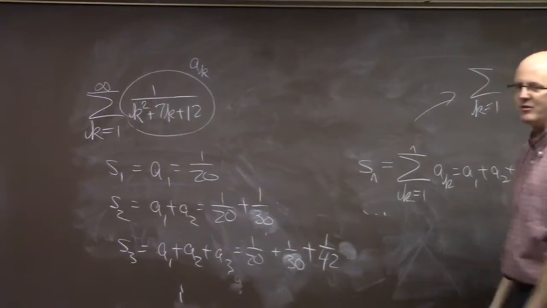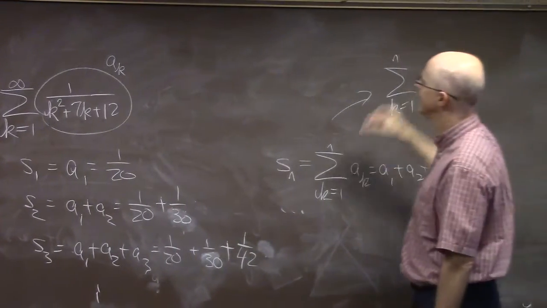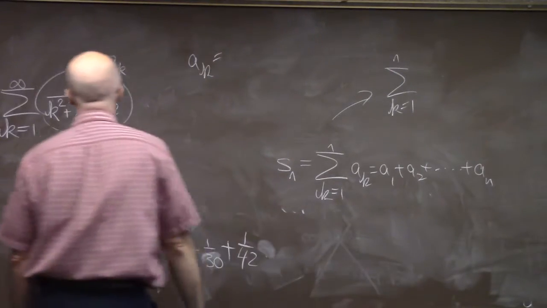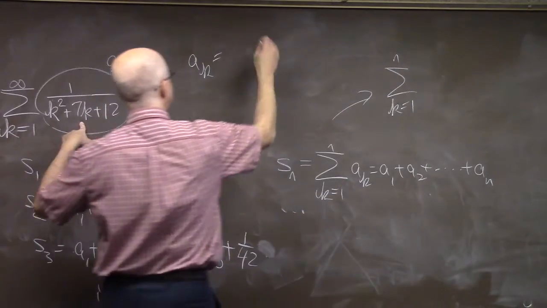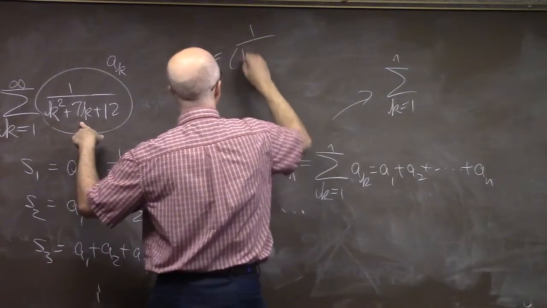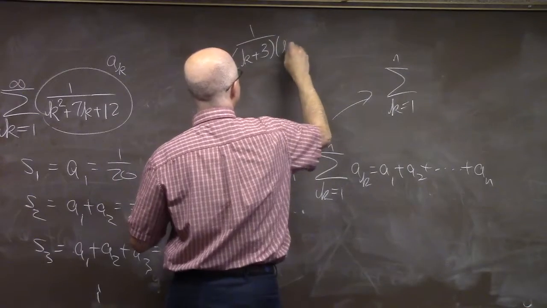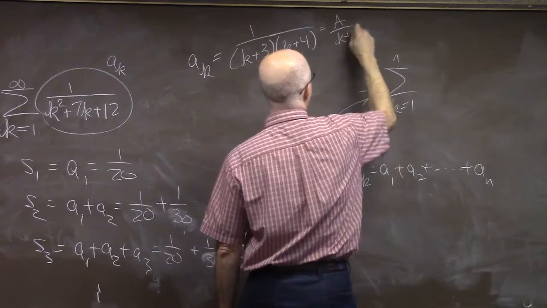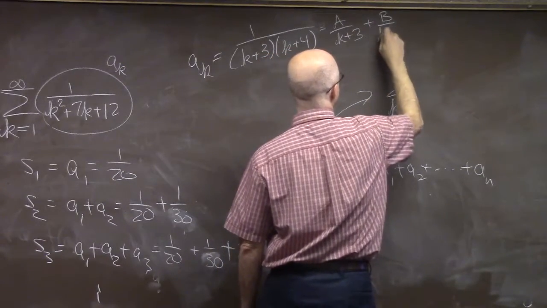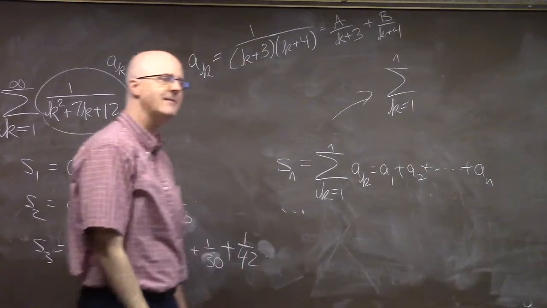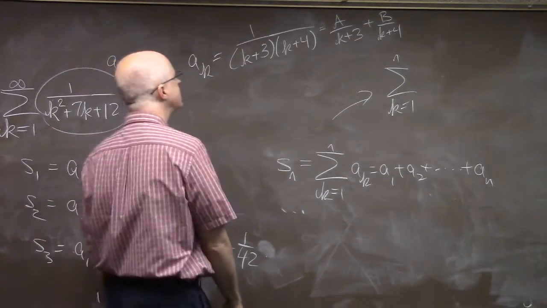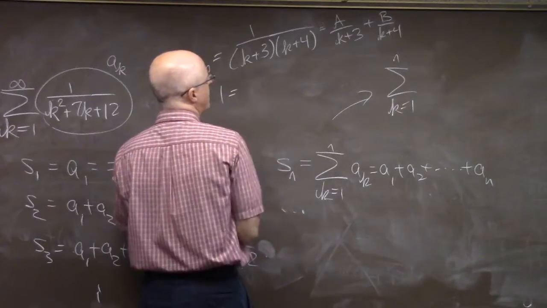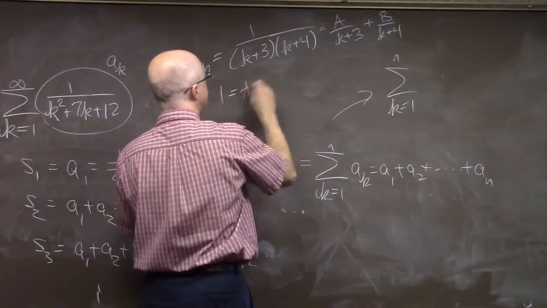You can use partial fractions to help you. A sub k is this, which after factoring is that, which can be written as A over k plus 3 plus B over k plus 4 for some A and B. Solve for A and B. Multiply both sides by k plus 3 times k plus 4, and you'll get this equation.